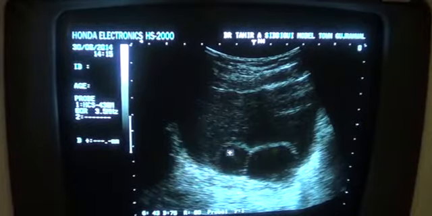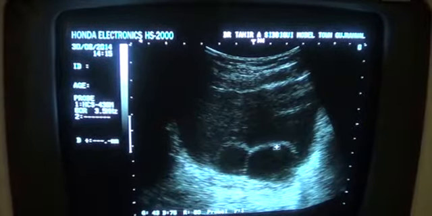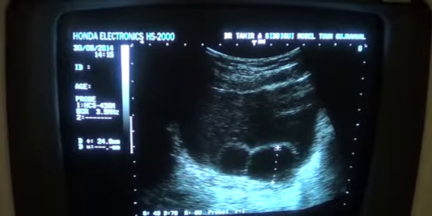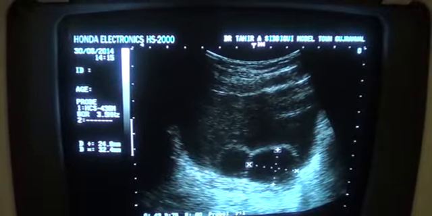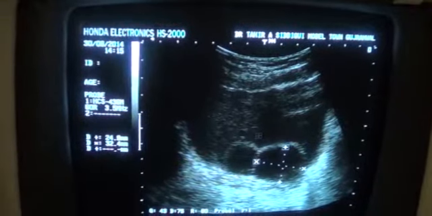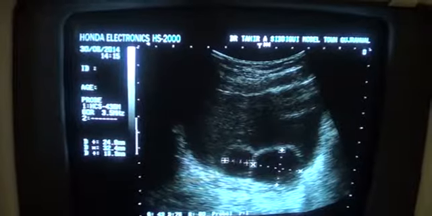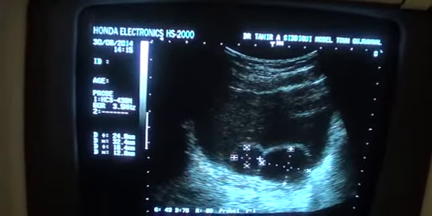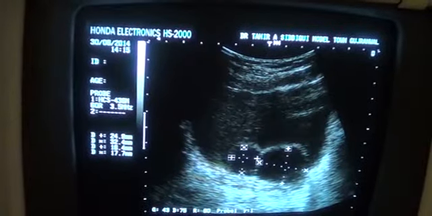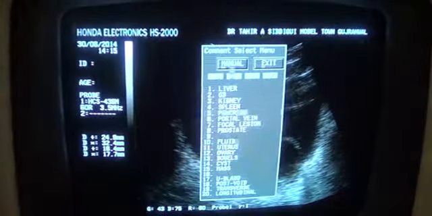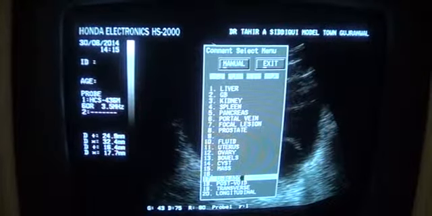This is the larger one, this is the smaller one, and it measures approximately, the larger one measures 32 by 24 millimeters, and the smaller one measures approximately 17.7 by 16.4 centimeters.